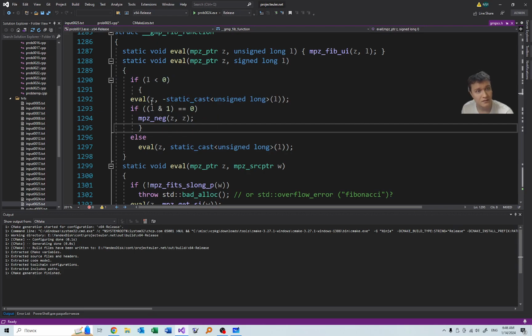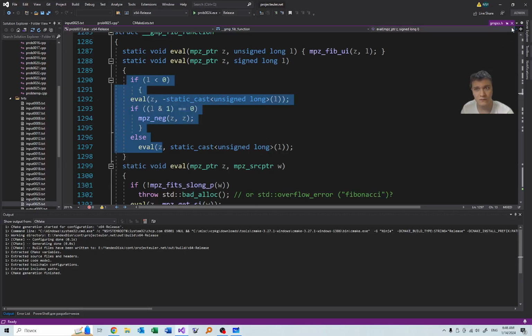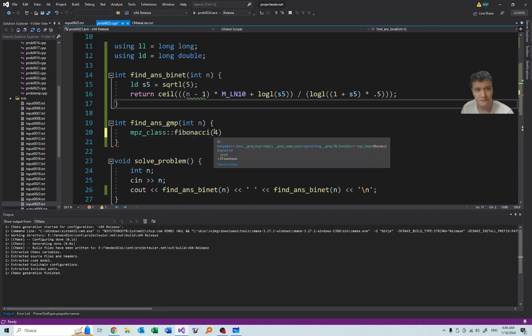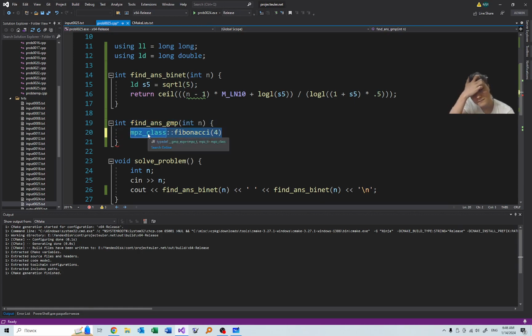It's simply binary exponentiation for finding this phi to the n, but it does it exactly, not with an error, because it uses integer matrices instead of long double. Okay, but I don't use it. I don't need it. Instead, I simply do it in linear time.